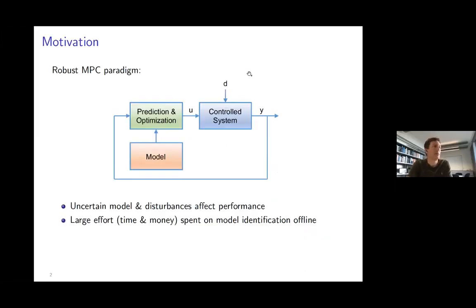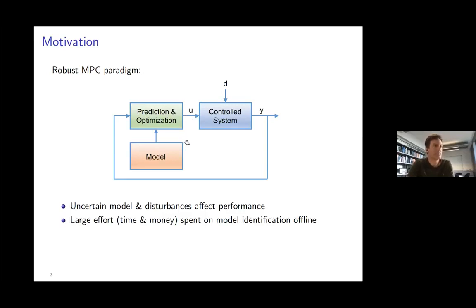So predictive control, as I'm sure most of you know, is an optimization-based strategy where a model of the control system is used to predict the future performance and behavior of the system and optimize a future predictive control sequence.